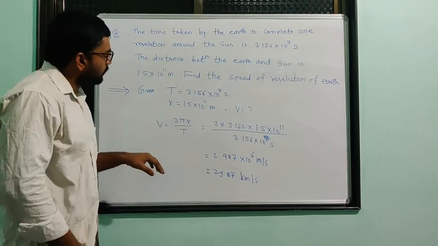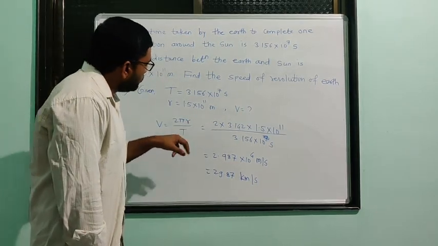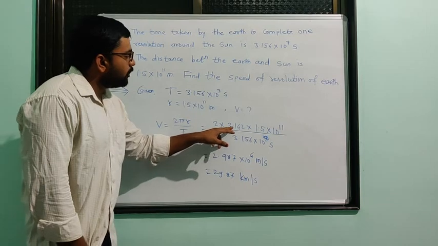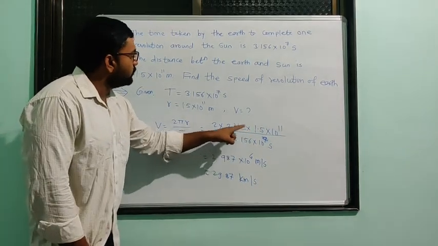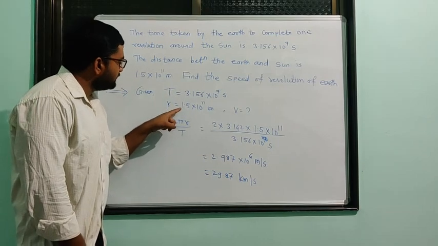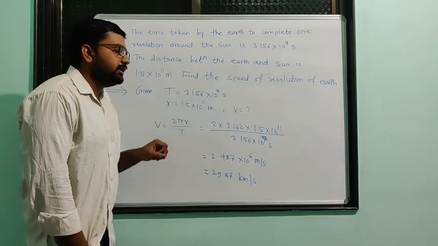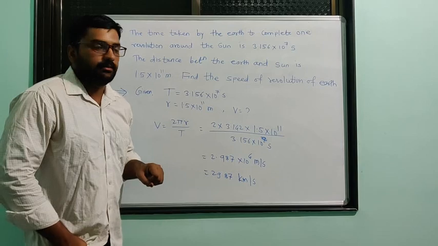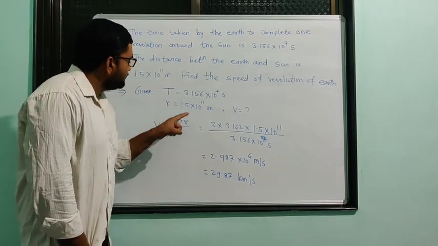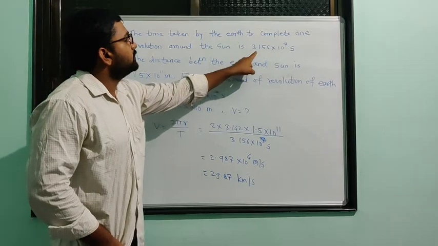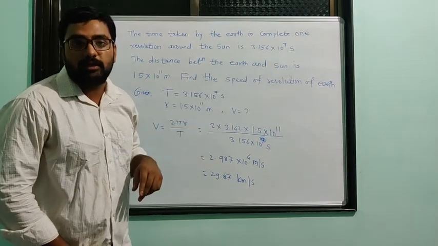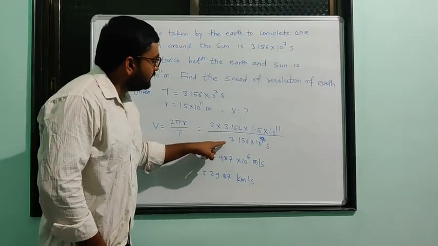So here 2 into pi, where pi has the value 3.142, and r is the distance between earth and sun, 1.5 into 10 raised to 11 meter. And T is the periodic time, the time taken by earth to complete one revolution around the sun, which is in the denominator.